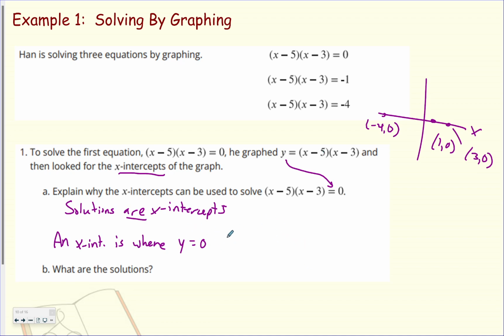So that's really what he's looking for here, is this is synonymous with x-intercept. So what are the solutions? You could probably tell without graphing it at this point, it's x equals 5 or x equals 3, because those are the numbers here that make those factors equal to 0.